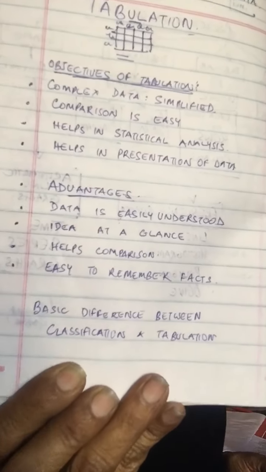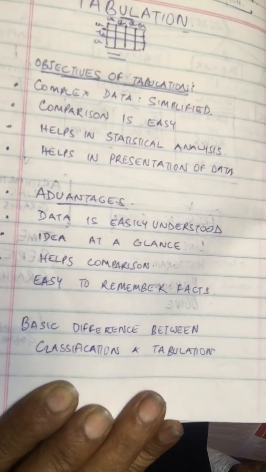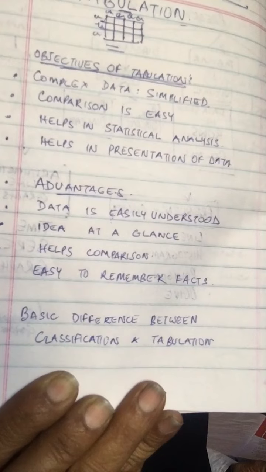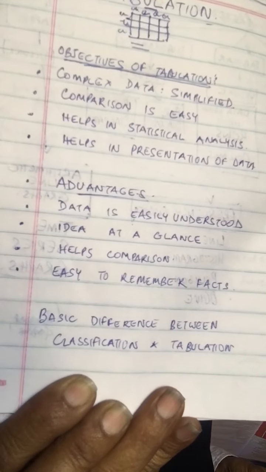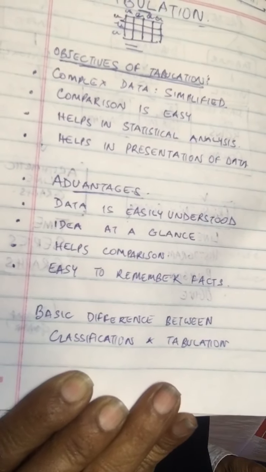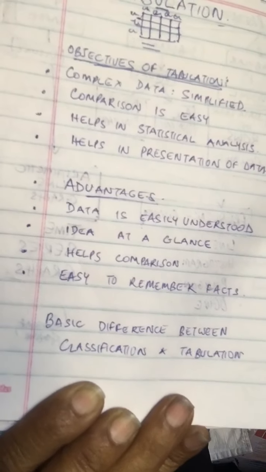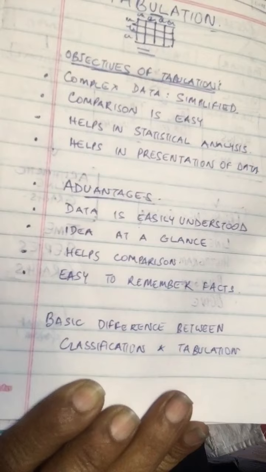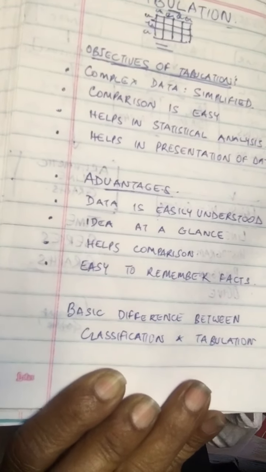Now, what are the advantages of tabulation? So objectives are these. Of course, one is that it is an important way of showing data in a brief, condensed manner that can be easily understood.